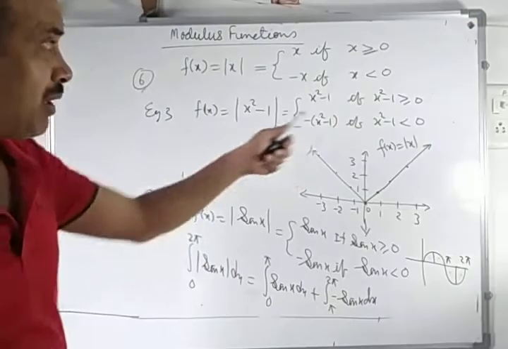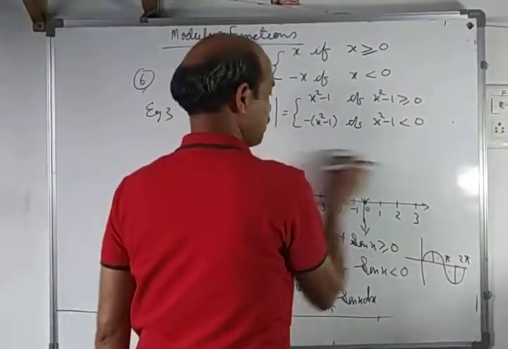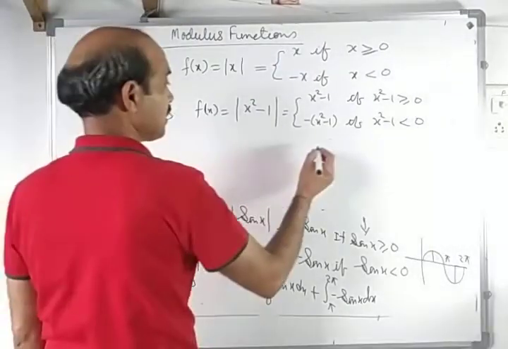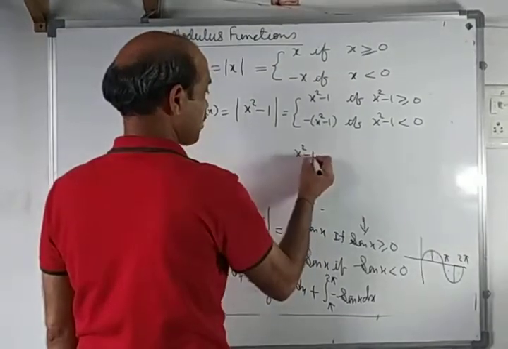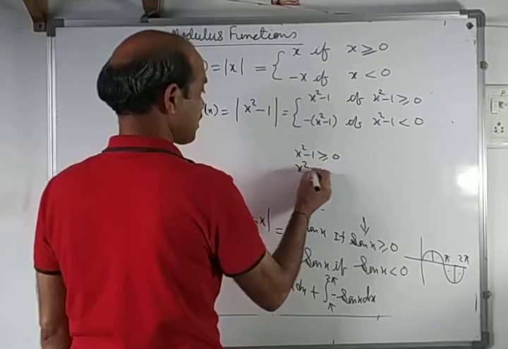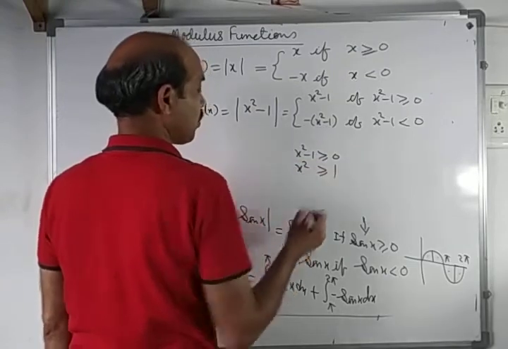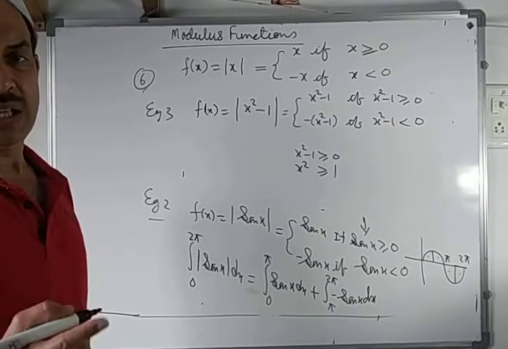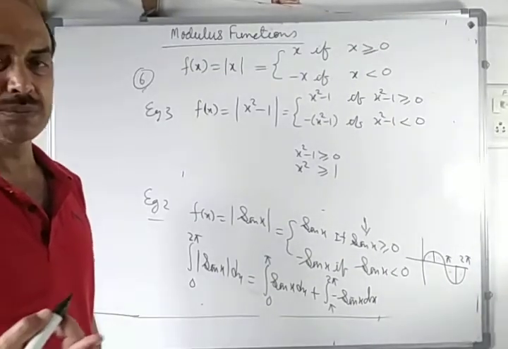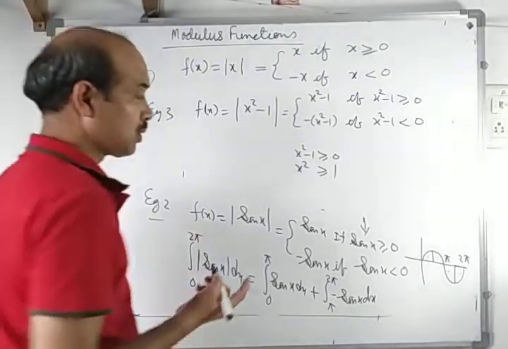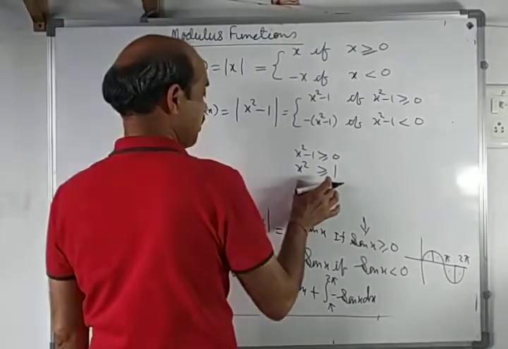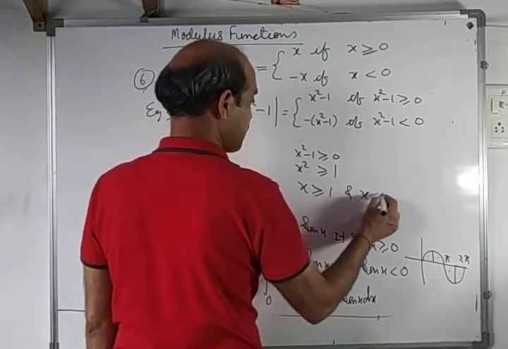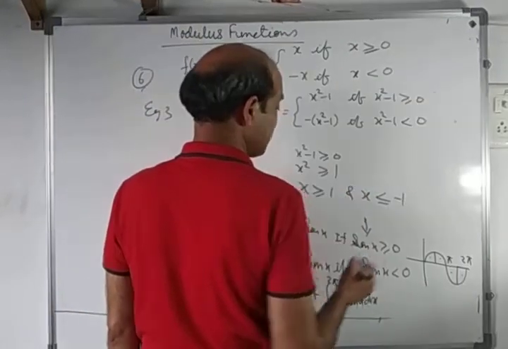Now by solving this x square minus 1, we can come to know what the limits for it are. So x square minus 1 greater or equal to 0 means x square greater or equal to 1. Now what are the values for x such that x square is 1 or greater than 1? This is a part of linear inequations. x will be greater or equal to 1 and x will be less or equal to minus 1.